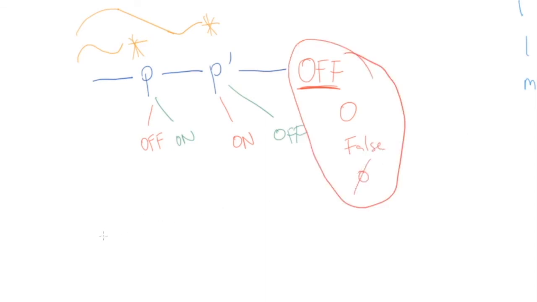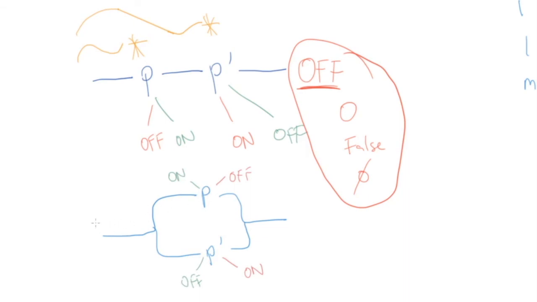Okay, and then what about the or? If we've got P or P prime connected by this forking structure, then it doesn't matter. If P is off, then P prime will be on, and if P is on, then P prime will be off. But regardless, the current will be able to flow through, right?